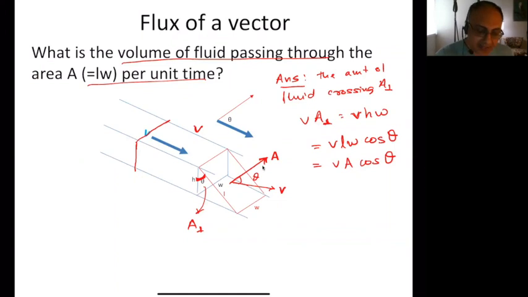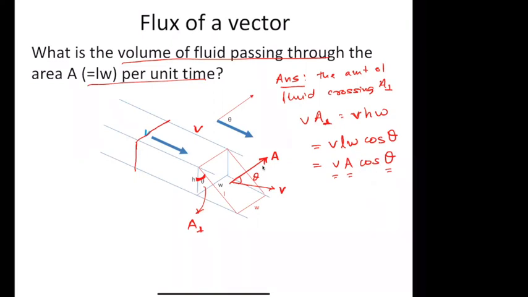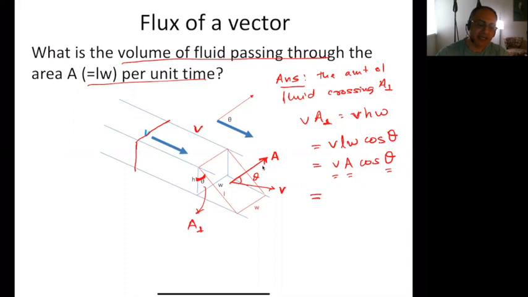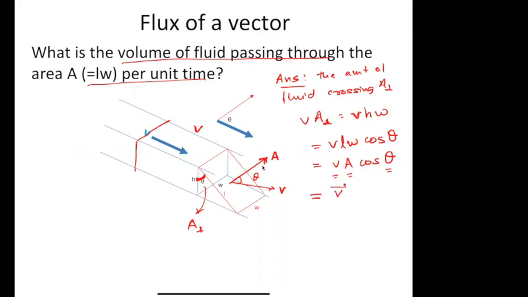So what we have here is the vector V, the vector A, and cosine of the angle between V and A. What does this remind you of? Two vectors, the magnitudes of two vectors multiplied by the cosine of the angle between them. The dot product. Exactly. So what we just ended up calculating is the dot product of V and A.